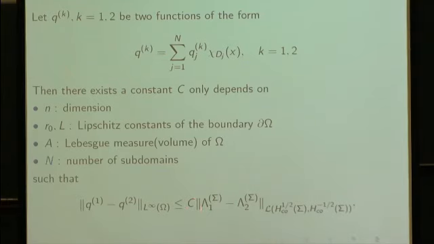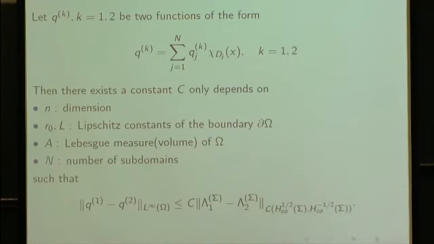We want to highlight that this stability constant is uniform and only depends on the dimension, some geometric properties of the boundary, and the Lebesgue measure of this domain omega, and capital N, the number of subdomains.